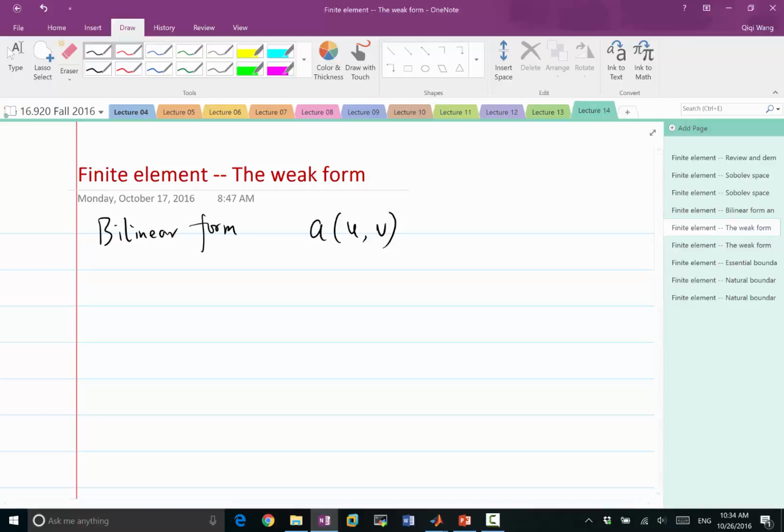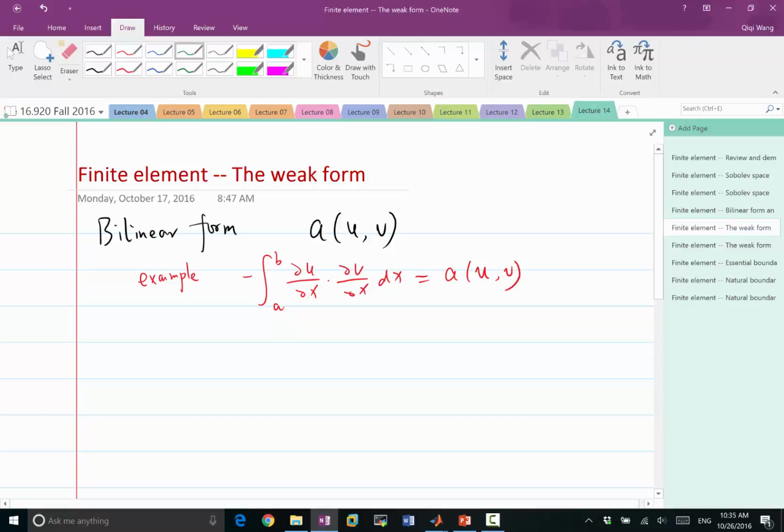So an example of the bilinear form we have before is minus the integration from a to b of the derivative of u times the derivative of v. So this is the bilinear form. It has to satisfy a certain number of criteria.